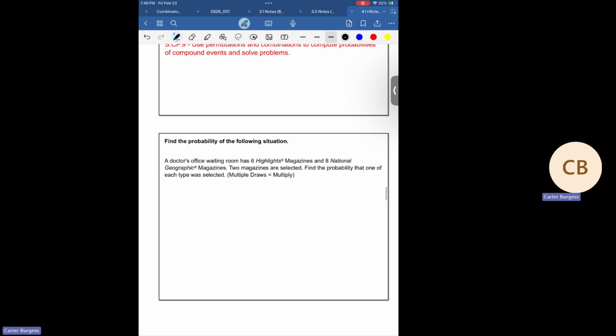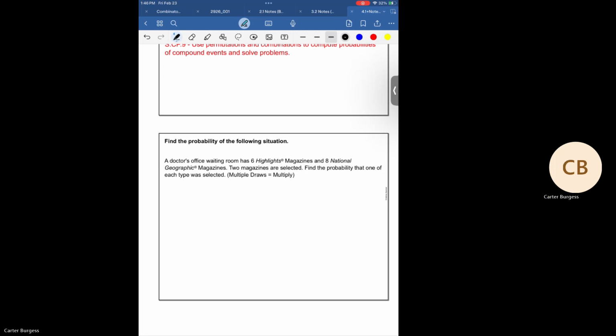Maybe if it then went on to say, find the probability that you first select a Highlights and then select a National Geographic, then all of a sudden order matters. And then that problem gets insanely complicated, and we're not going to do that because I don't even really know how we would begin approaching it. It's very, very tricky. But we don't care about that. So order is not going to matter. We are going to use our combinations here, which is nice.